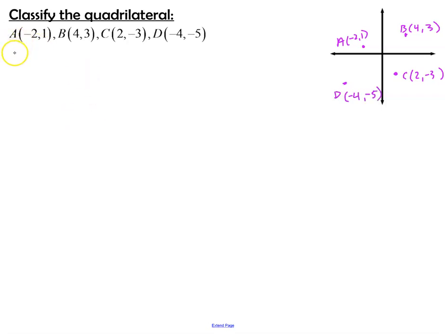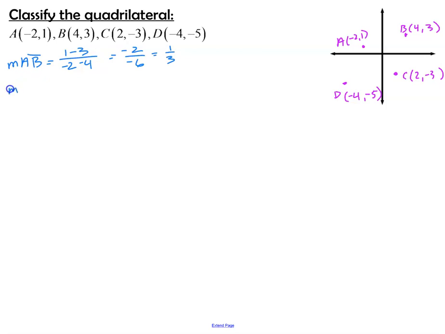So let's start with our parallelogram check, taking the slope of all 4 sides. First we have side AB, which is going to be 1 minus 3 over -2 minus 4, which gives us -2 over -6, which simplifies to a +1/3.